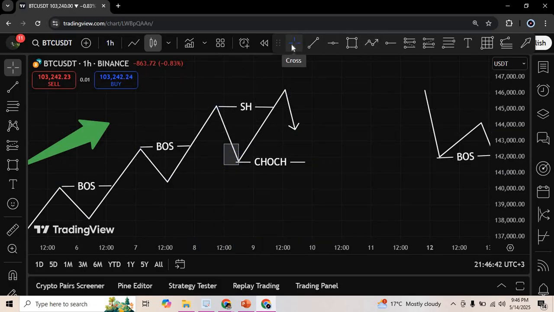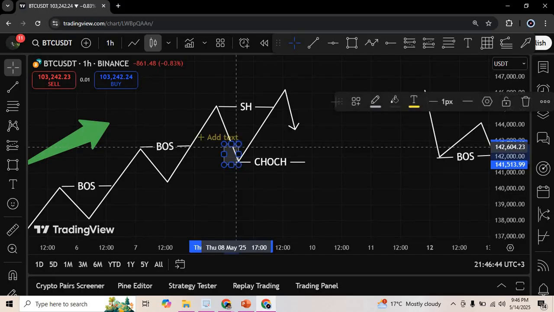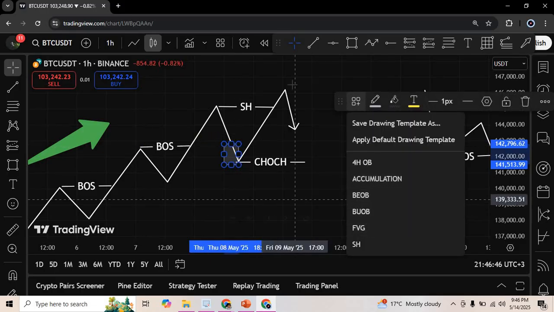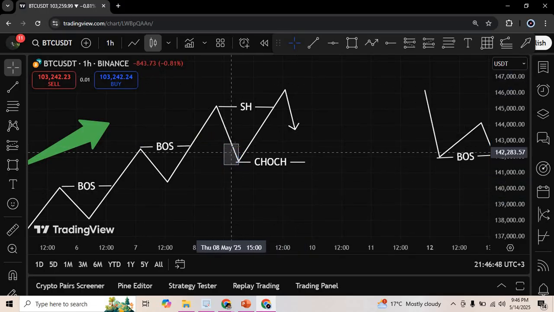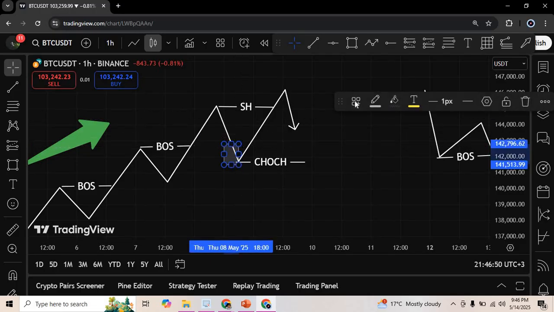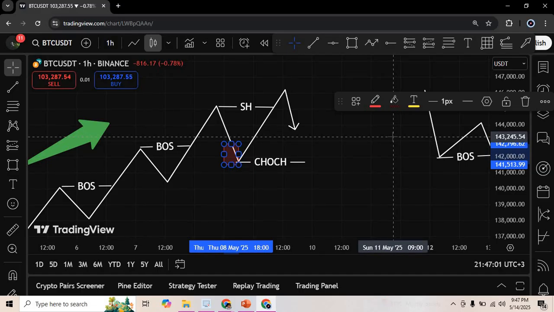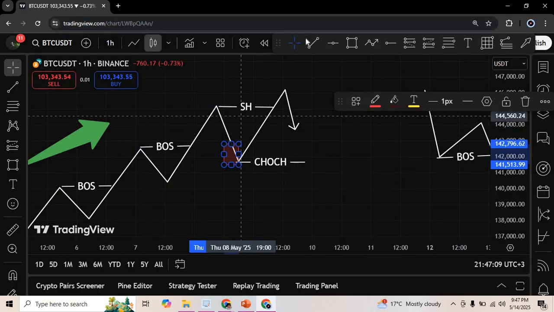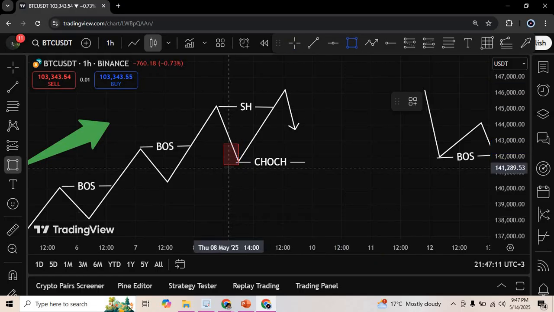Our last red candle before a significant buy is what we call what? Someone? A bullish breaker block, order block. Yes, a bullish order block. So this one right here is a bullish order block.